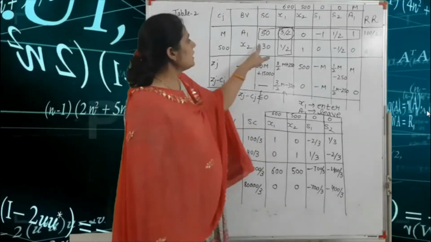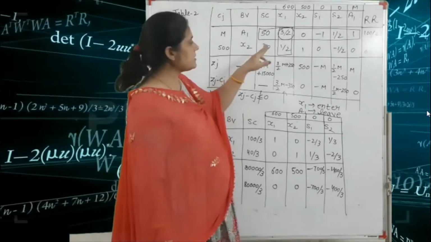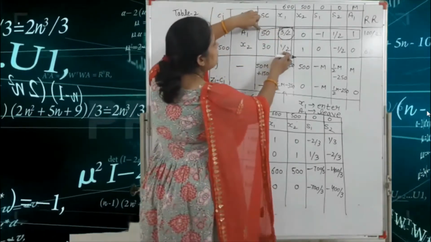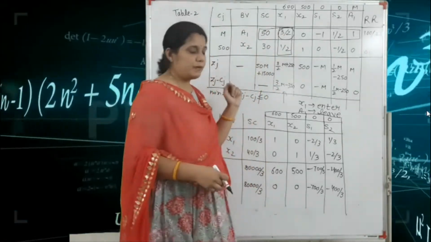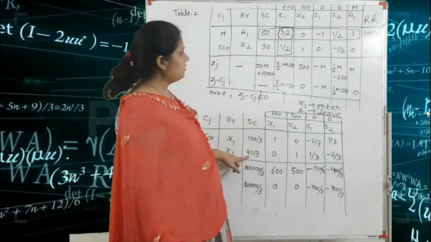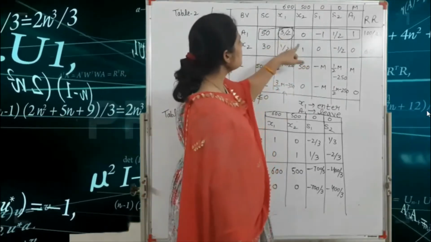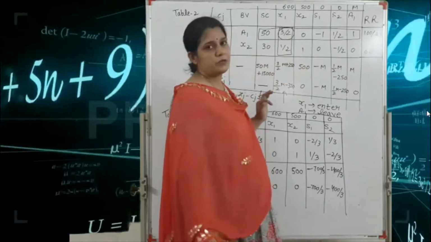So immediately you write the 0 value on the upper side or lower side. Okay, in the place of 30, the calculation is: 30 into 3 by 2 minus 50 into 1 by 2, divided by the key number 3 by 2. So we get 40 by 3. This value we write here, already 0. This is 3 by 2 into 1, that means 3 by 2, minus 1 by 2 into 0, so 0.